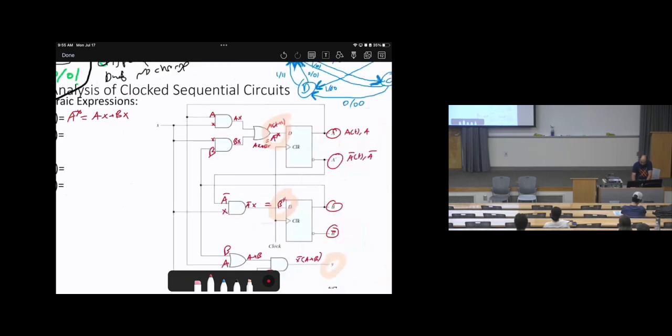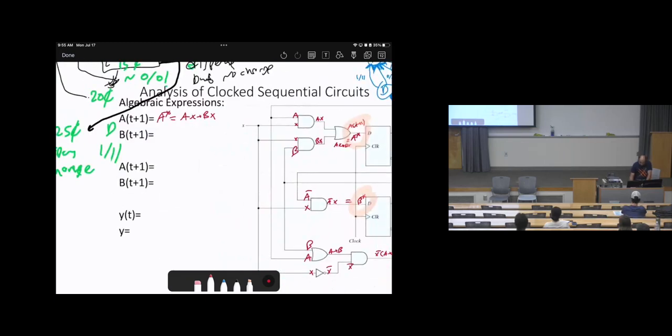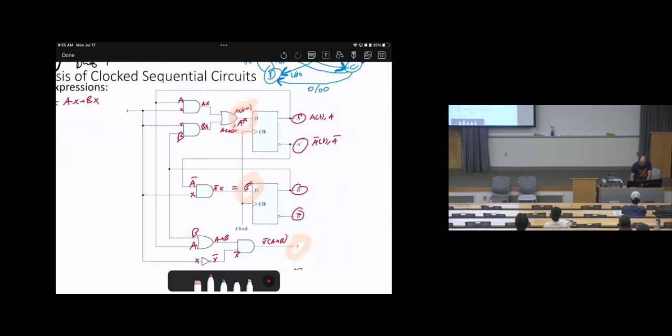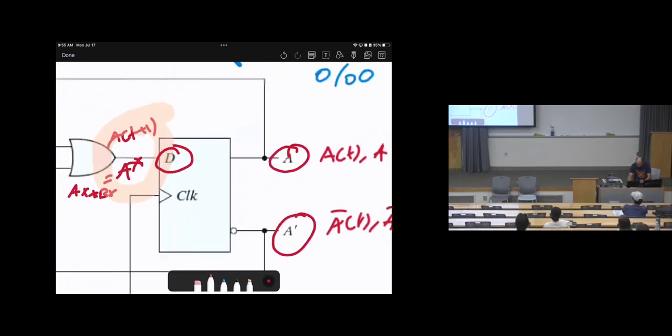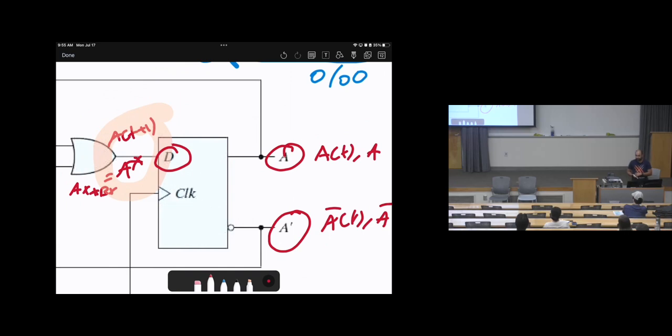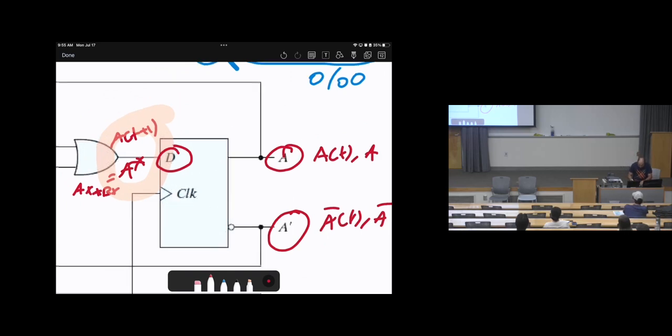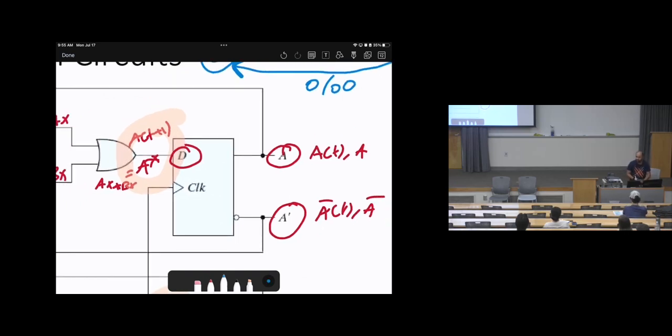Let me just talk a little bit about this. Here is a D flip-flop, that's why it's called A star. I apologize for not explaining this. Let me explain a little bit. I said this is A star. Most likely, the correct thing is not to mention A star.